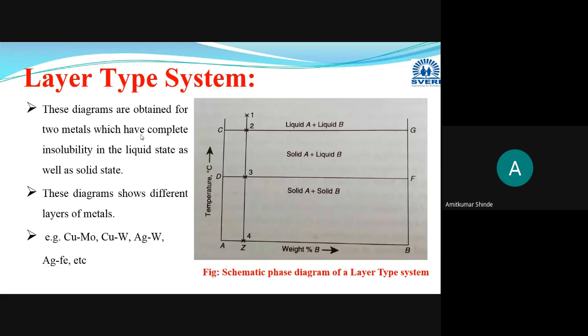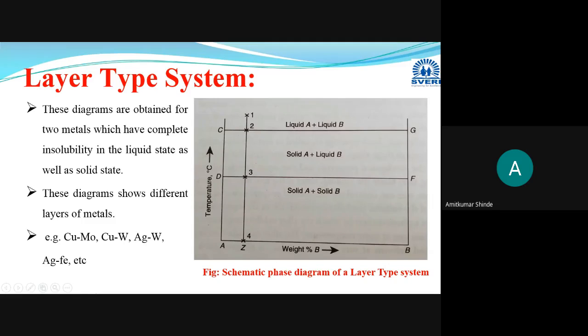Here I have mentioned some examples: copper molybdenum, then copper tungsten, then silver tungsten, and silver iron. A very practical example which you have already seen is silver and iron. If you are wearing ornaments made of silver, and some amount of iron is added in that, it is clearly visible in the solid state also.